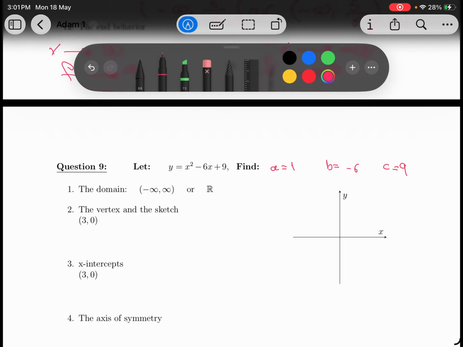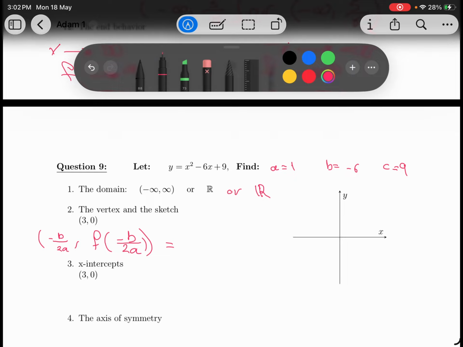And here we are done with domain, this R, or this fancy R, or this handwriting with love R, it's fine. And here guys the vertex, okay, the formula of the vertex is -b over 2a for the x coordinate, and f of this -b over 2a for the y coordinate.